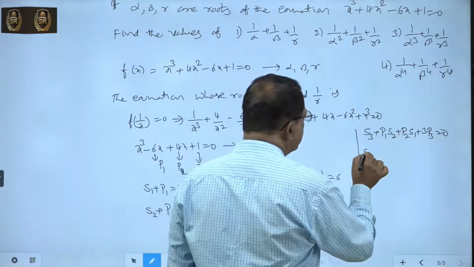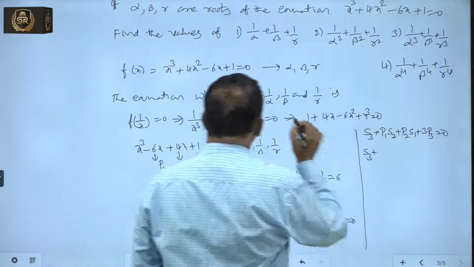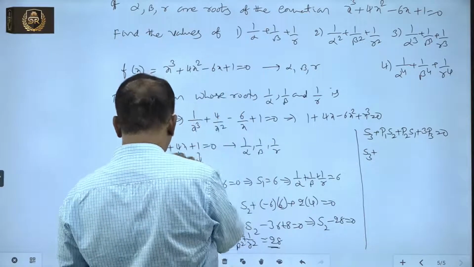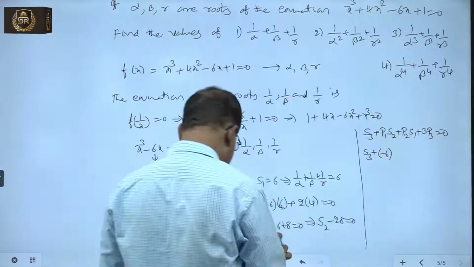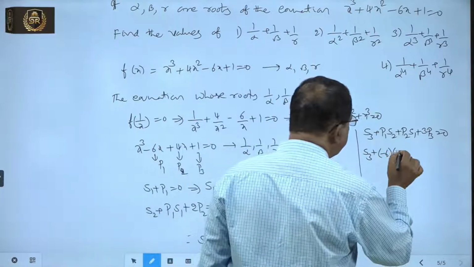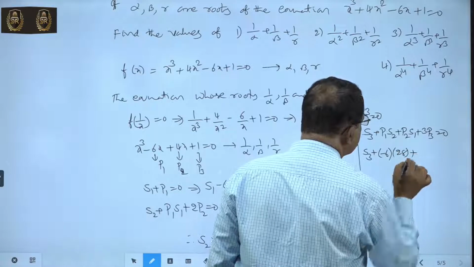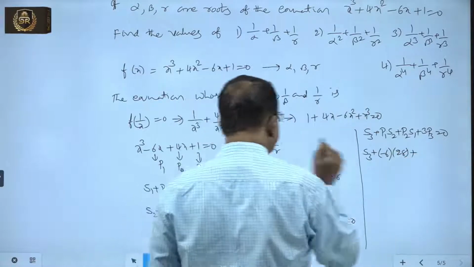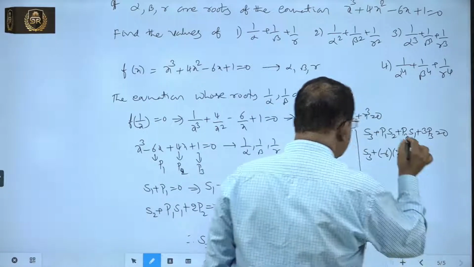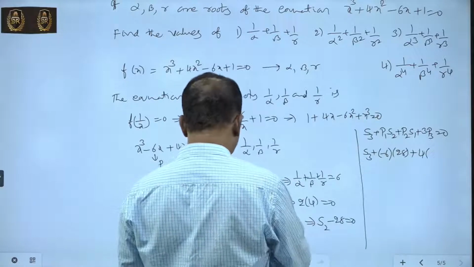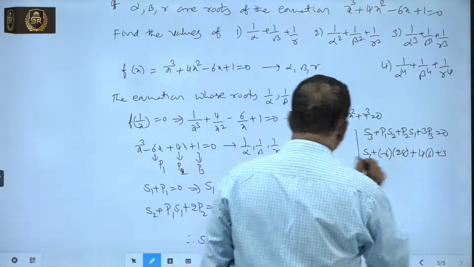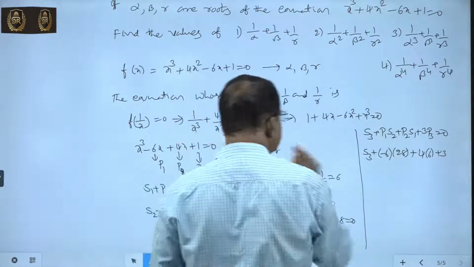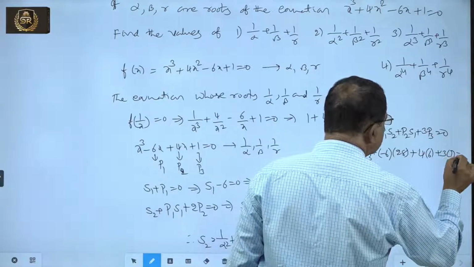Now S3 plus P1 equals minus 6, S2 equals 28, plus P2 4 into S1 equals 6, plus 3P3, but P3 equals 1, equals 0.